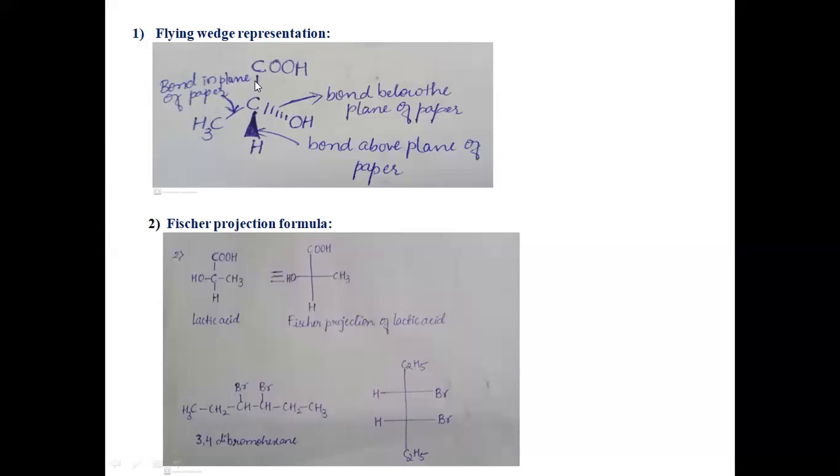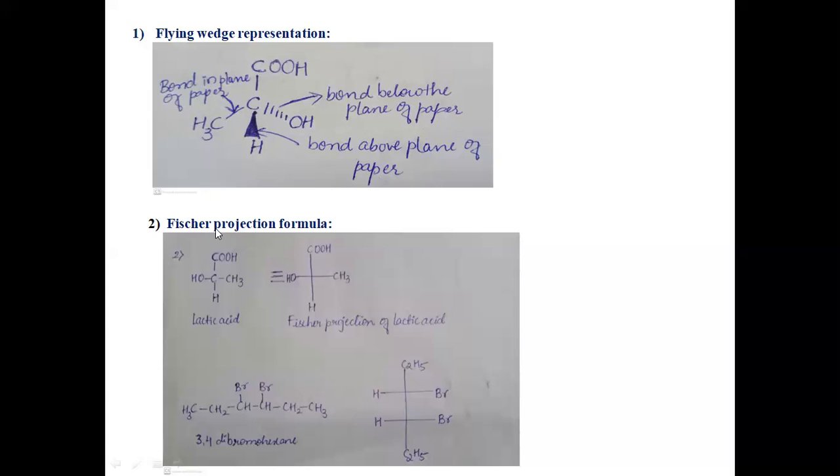One is the ordinary lines, which represent bonds in the plane of the paper. Second type is a solid wedge. It represents a bond above the plane of the paper. And the third type of lines are broken lines, which represent a bond below the plane of the paper. So this is a flying wedge representation.